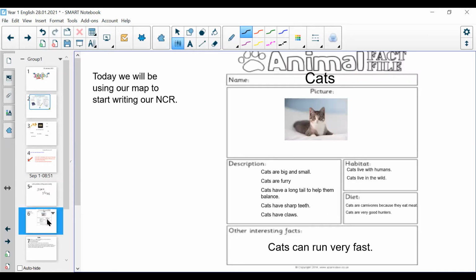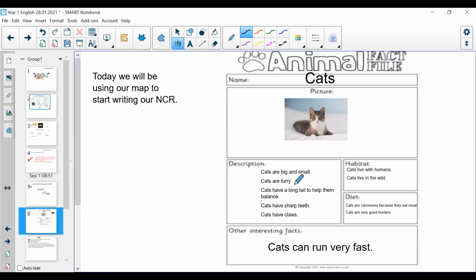Okay, let's move on. So do you remember yesterday we used a map to start writing our non-chronological report. And yesterday we wrote all about what cats look like. Today we're going to write our second paragraph for our report, and I would like to write about habitats.